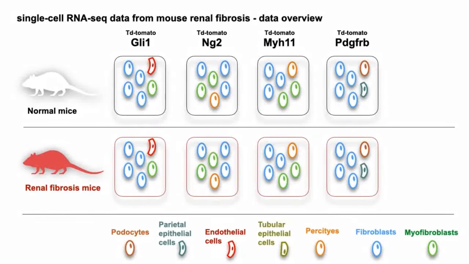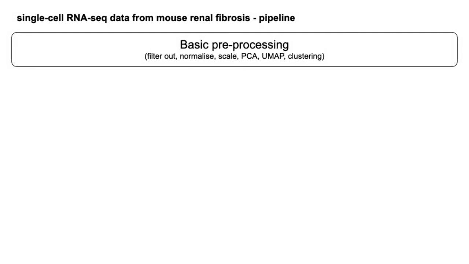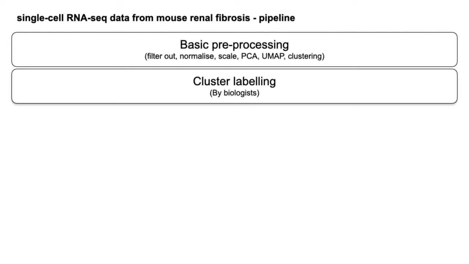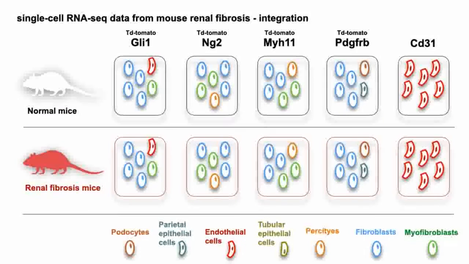I had the 8 different data sets from the 4 different tdTomato data and the 2 different conditions. I also had the CD31 positive data set in order to focus on the endothelial cells. I performed the basic preprocessing, and the biologist labeled each cluster to the cell type, and I integrated the normal mice and the renal fibrosis mice for each tdTomato data set.